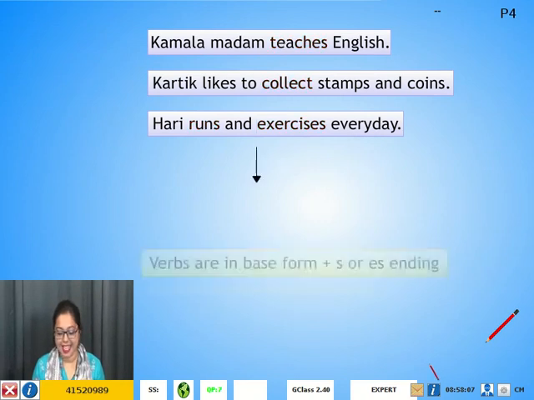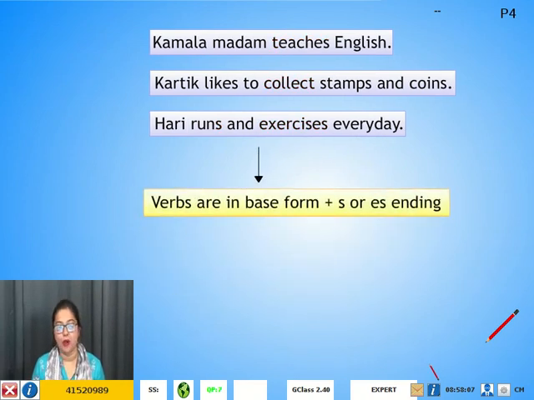Okay, great. Now see, one more sentence is coming on your screen: verbs are in base form plus s or es in the ending. Here we are basically trying to teach you how sentences in simple present tense are formed. The first point is that the verb will be in a base form, that means the first form, and with the first form of the verb, s or es will be added in the ending.